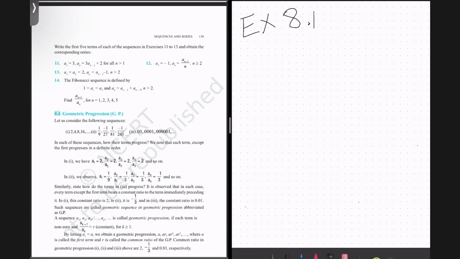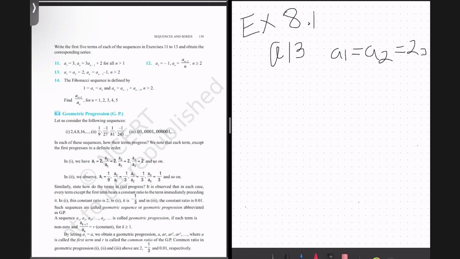Moving on to question number 13, I believe we have remaining. So in the 13th question, we have a of 1 equals 2, a of 2 equals 2.